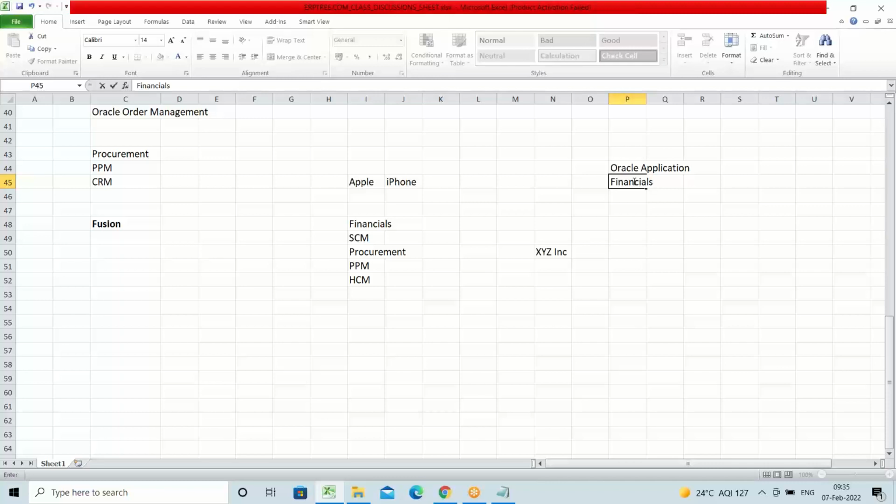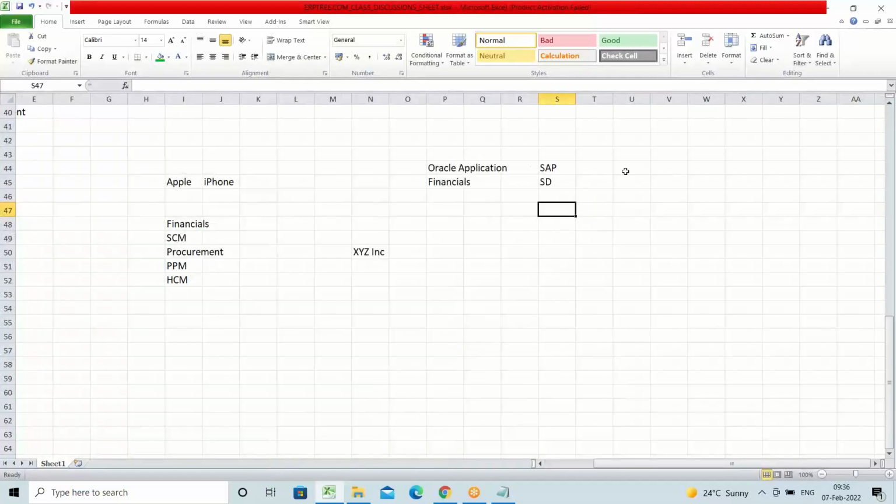So definitely XYZ INC does some analysis, right? Which is best to manage all their business. Say they are managing the finance data, SCM data, procurement data, PPM data, HCM data. Now they need a solution for all these areas. When they look at Oracle applications, the best area is financials. When they look at SAP, SAP SD, sales and distribution, is good. SD is nothing but SCM, supply chain management. As per SAP, they call it SD.